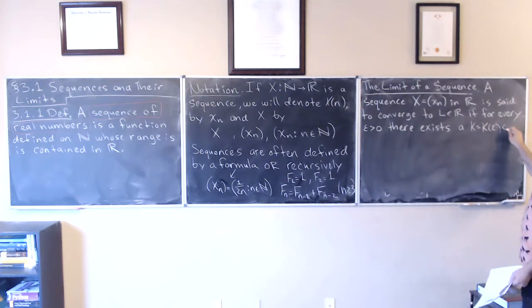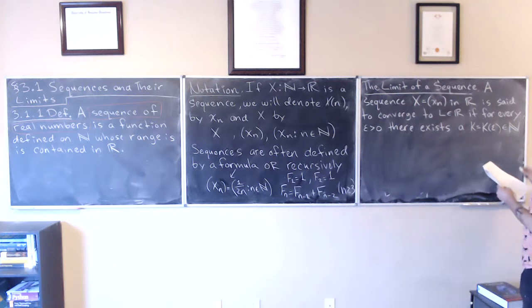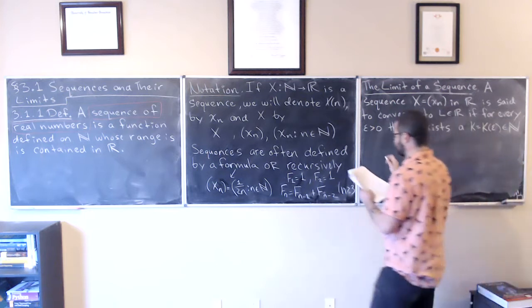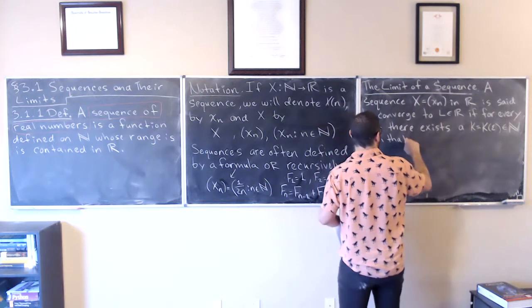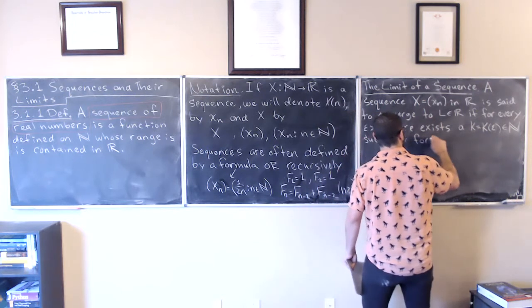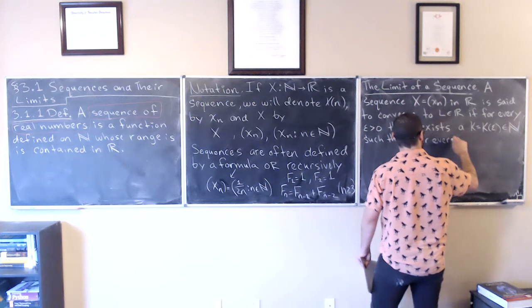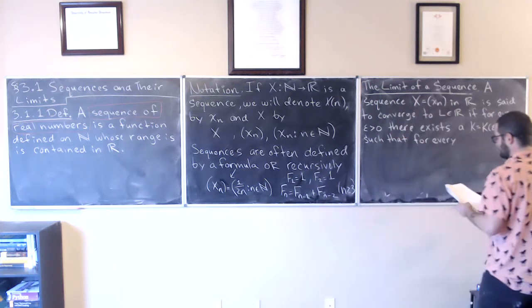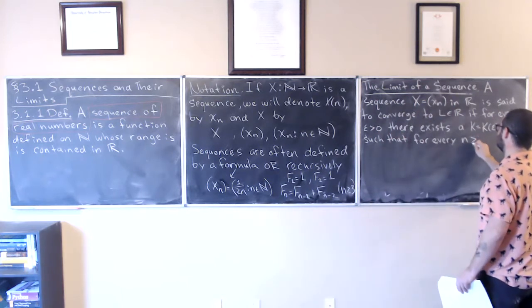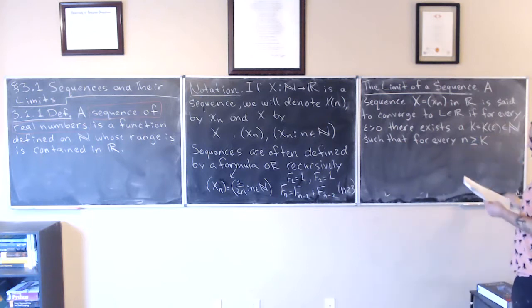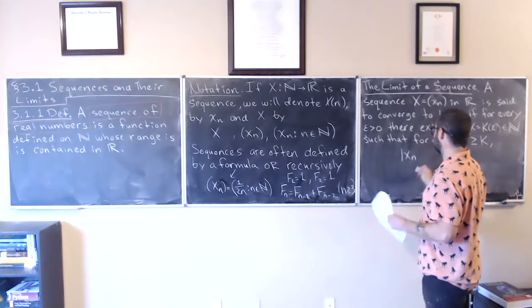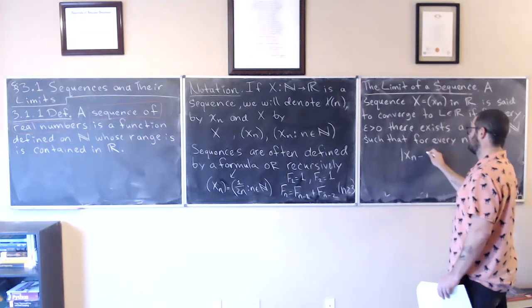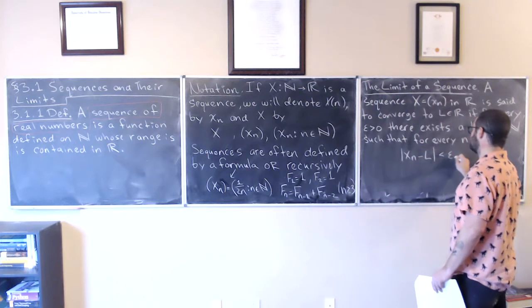But it's important to remember that this is a natural number, such that for every index n greater than or equal to k, the distance from the sequence at that index minus L is at most epsilon.